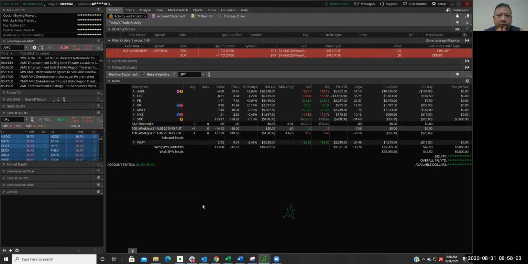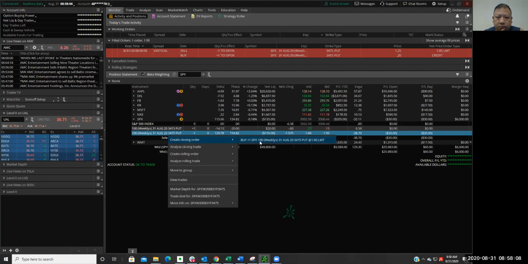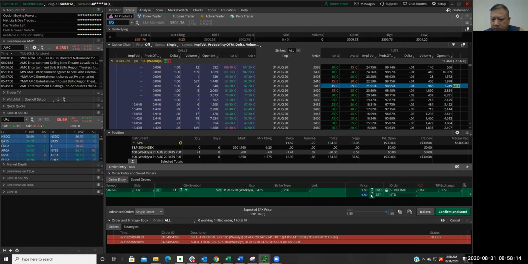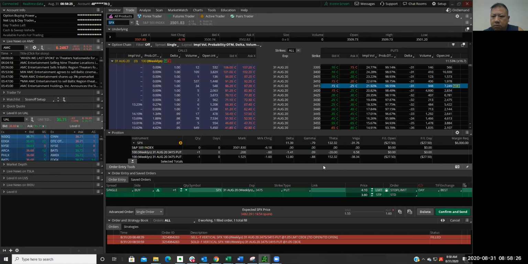I'm going to go down here to the SPX and put my stop losses on, so just in case something happens, I wouldn't get killed. I'm going to put a stop loss of 380 and give it a 410. I like a 30 cent difference from where the trigger is. 380 is a trigger.